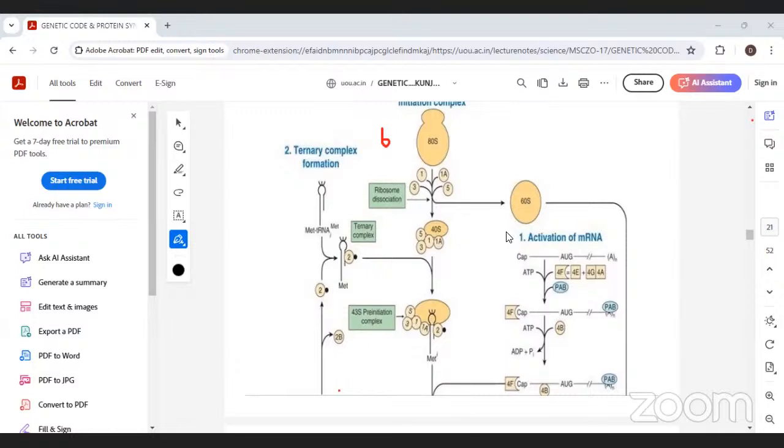In F-met tRNA, the NH2 group is blocked by the formyl group, to keep only the COOH group free for linkage to the NH2 group of the next amino acid. This ensures the correct sequence of amino acids linking together.